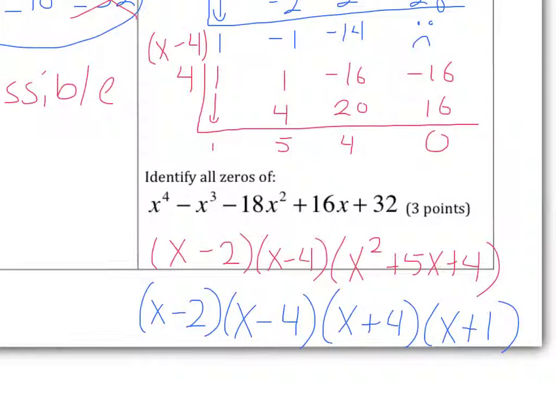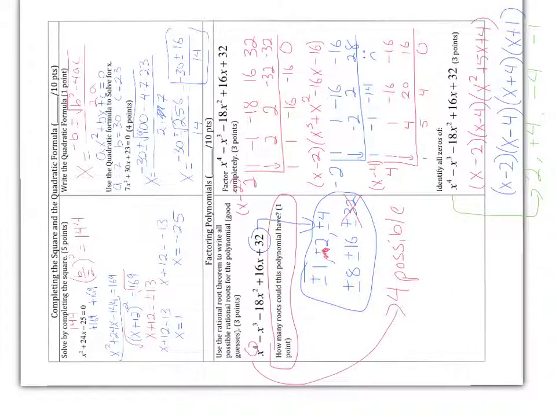The bottom, identifying the zeros, is a matter of taking the numbers you have in parentheses and seeing what would make them 0. The zeros would be 2, positive 4, negative 4, and negative 1. That would be a full answer to this problem. Here's a screenshot that you can use of the last page.